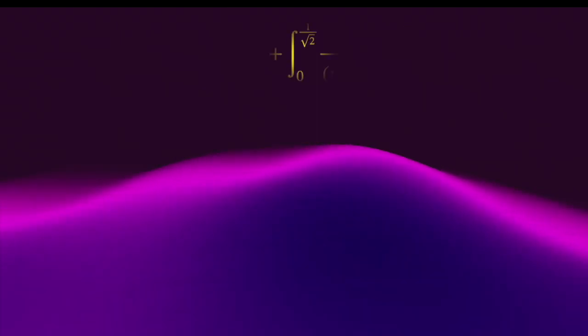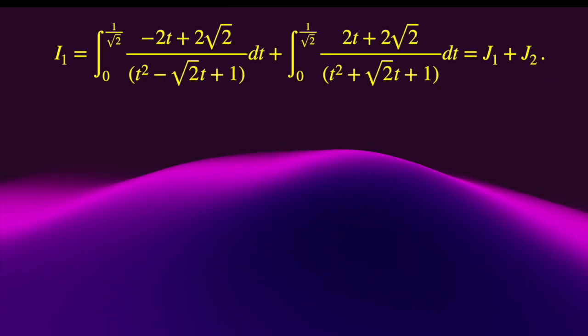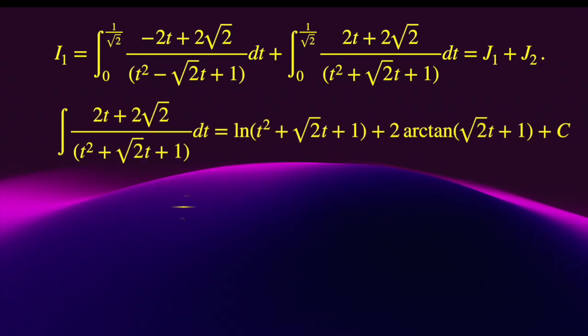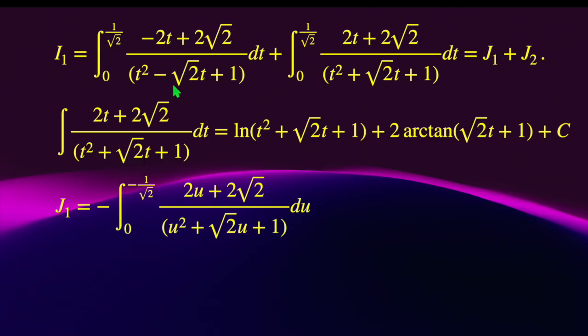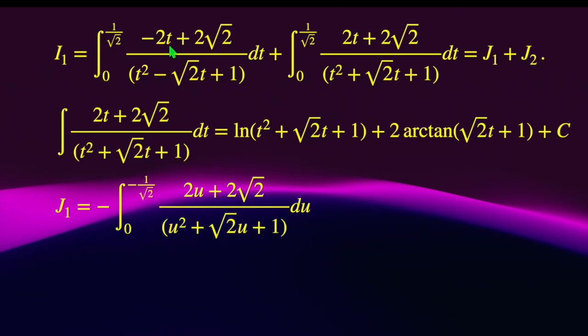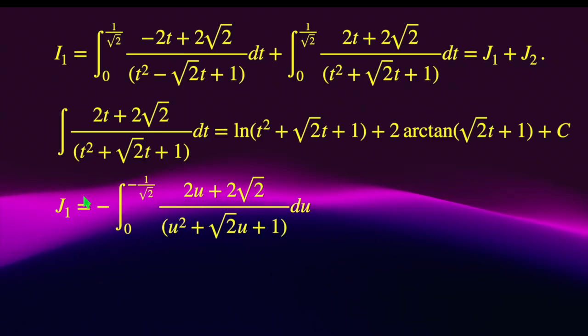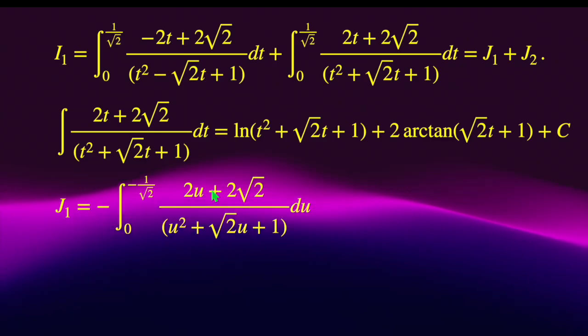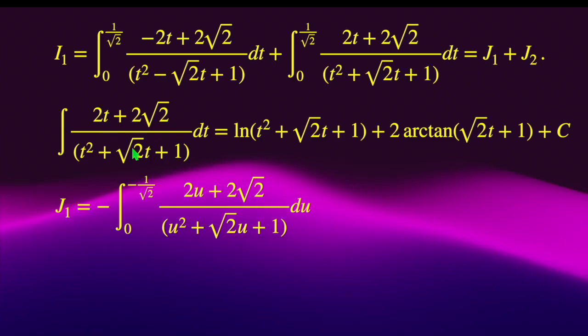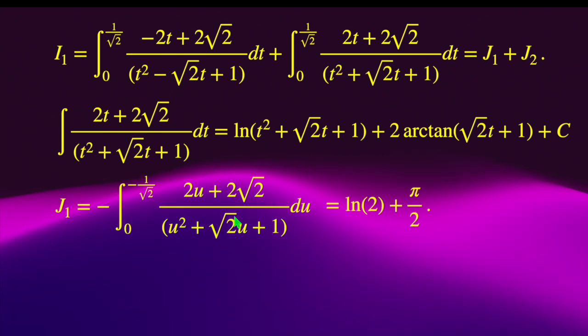And now we get that G1, by using a change of variable t equal minus u, we get this equality, and we use the antiderivative of this function, and we can compute G1.